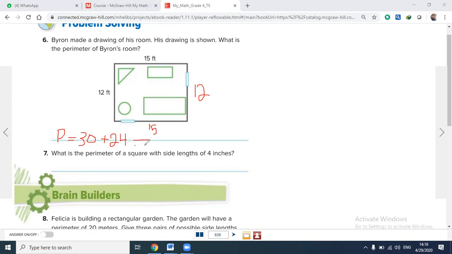So the perimeter equals 30 plus 24 equals 54 feet. Okay, can you write this in your book, please?